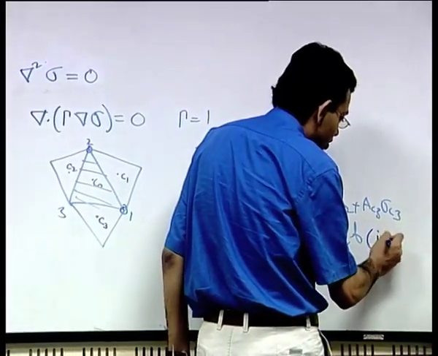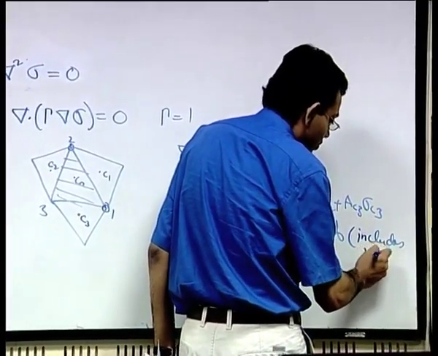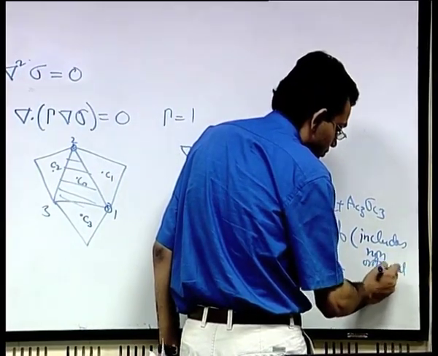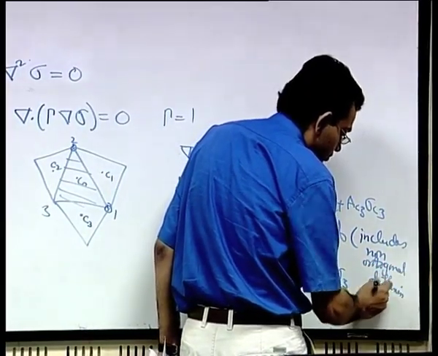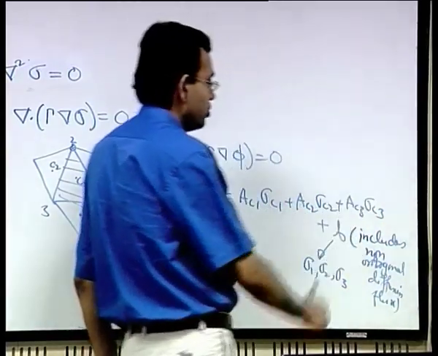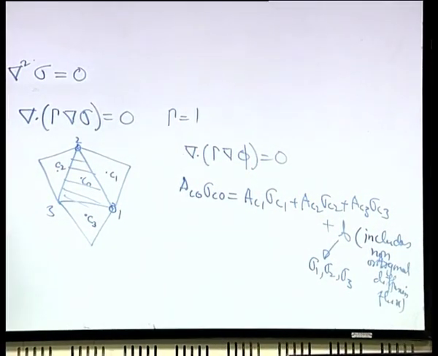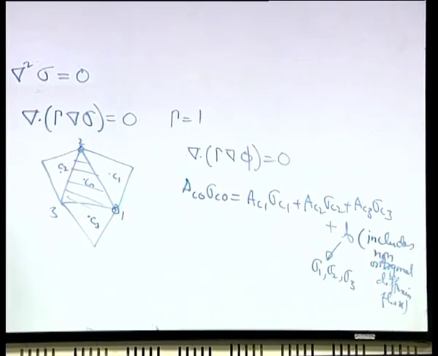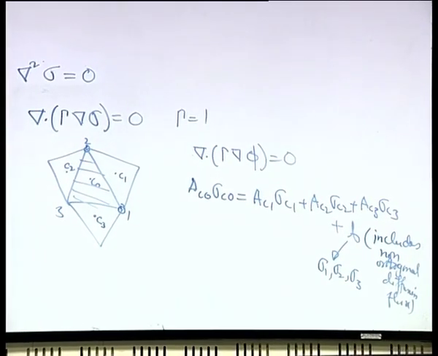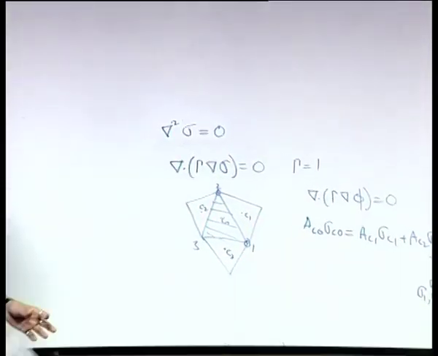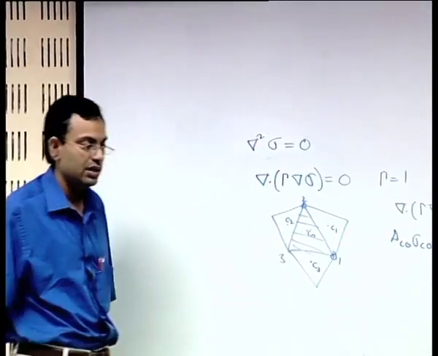So this includes non-orthogonal diffusion flux. Considering this, it is a straightforward derivation, and this derivation can be done by following our lecture notes on unstructured mesh.